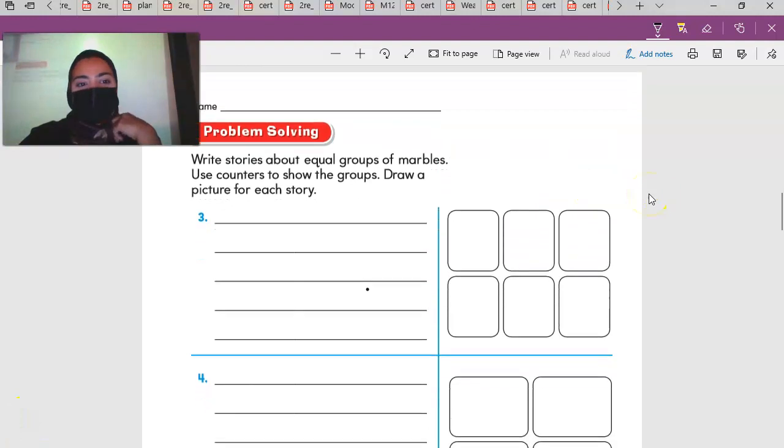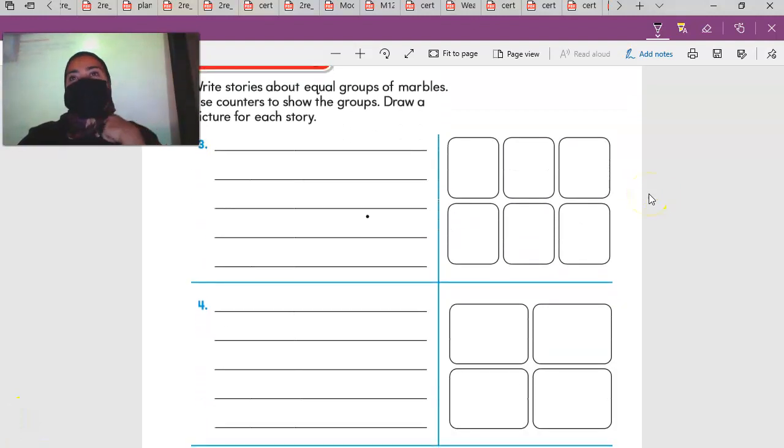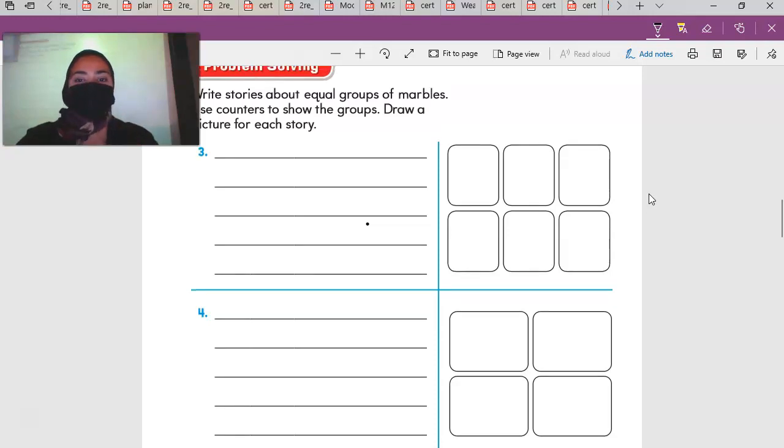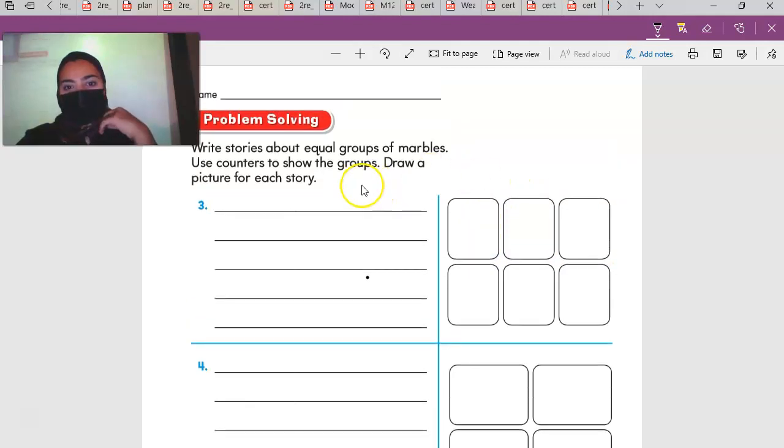All right, so now let's go back. Who wants to share the problem they wrote for number 3? Leah. There are 6 what? Okay, there are 6 bags. You don't say of marbles. You just say there are 6 bags and then period. Okay, then what? Very good. There are 6 bags.